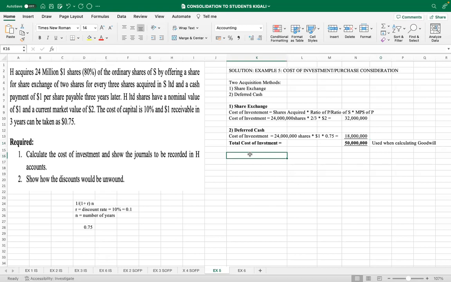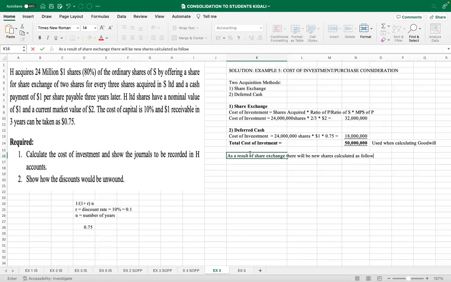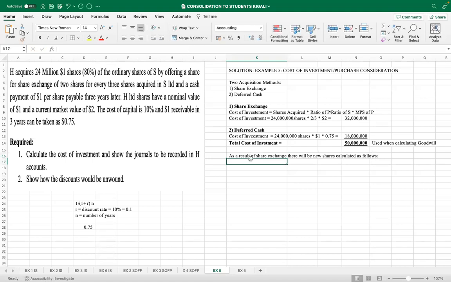We said as a result of share exchange, there will be new shares calculated as follows.